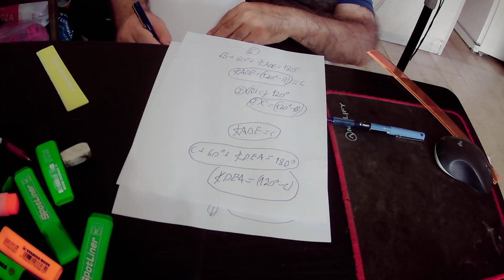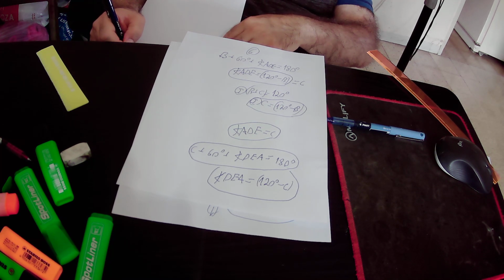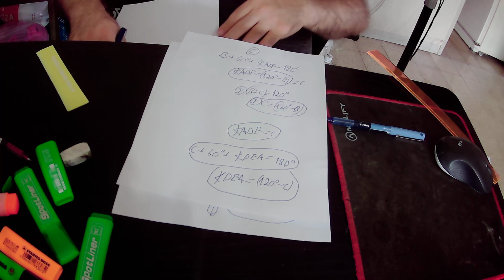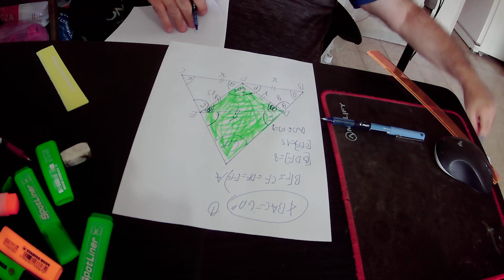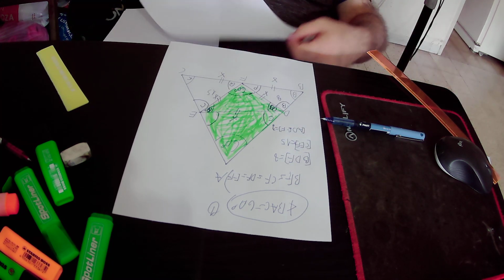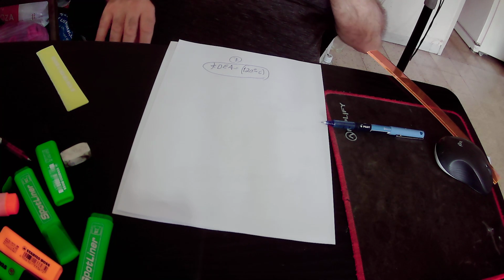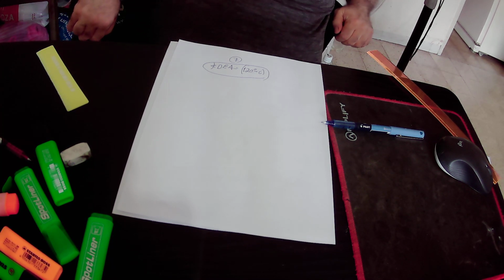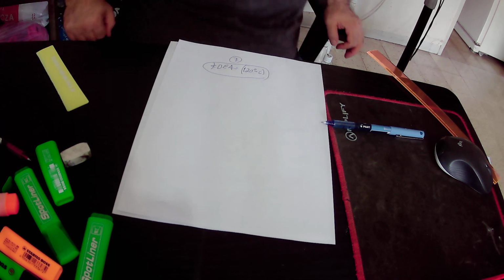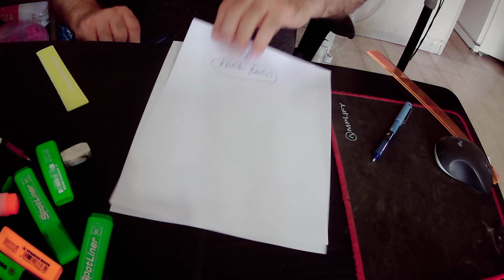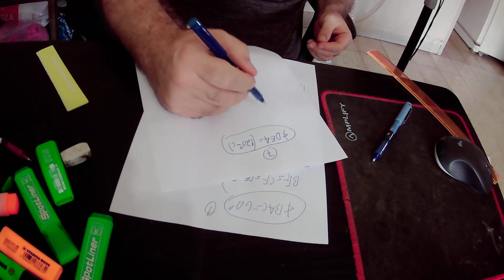We found out that angle DEA equals 120 degrees minus C. Okay, but according to equation number 1, B plus C equals 120 degrees.